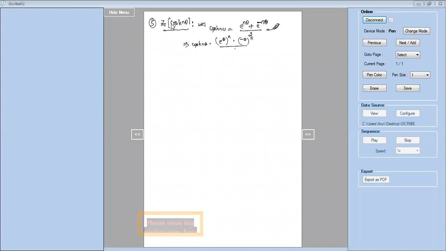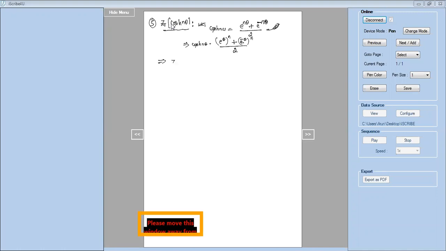So I can write this as (e^θ)^n plus (e^(-θ))^n, all divided by 2. So I can write like this. Now let us take the Z transformation on both sides.